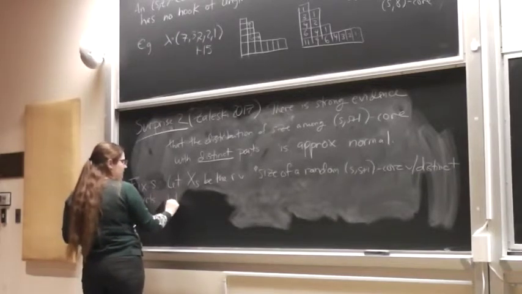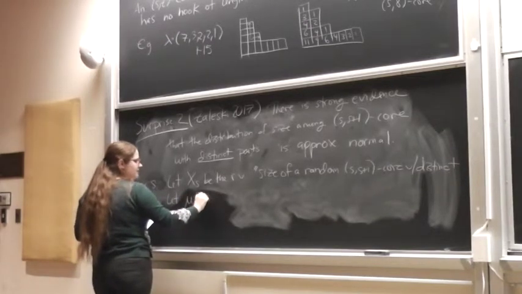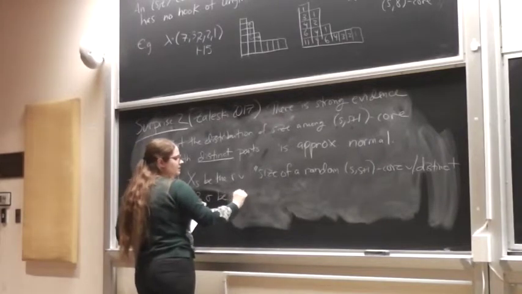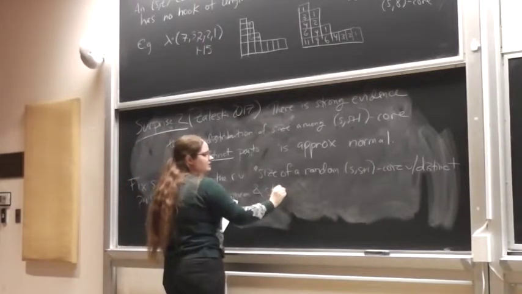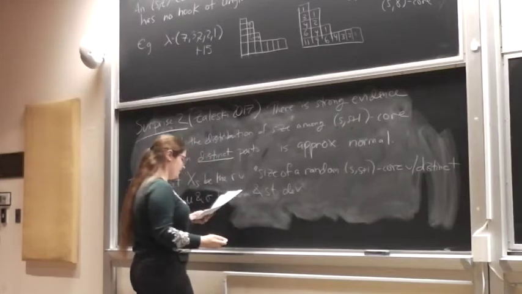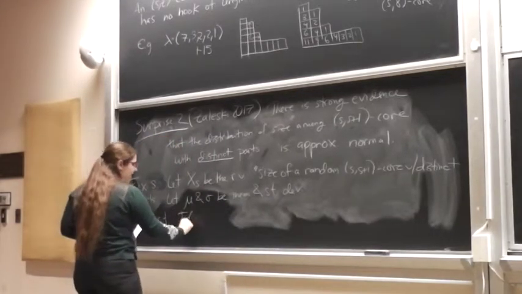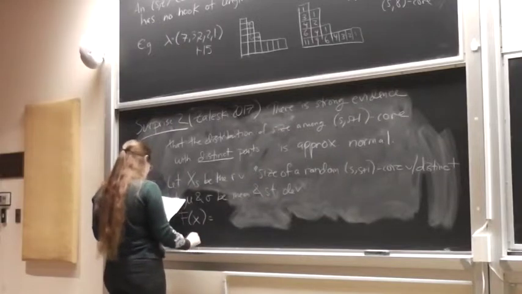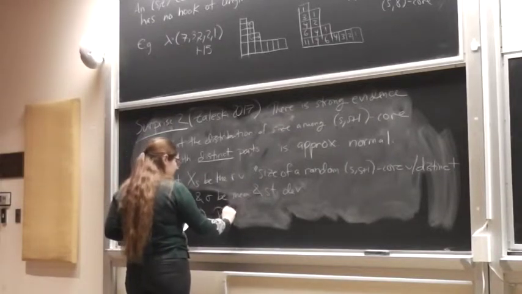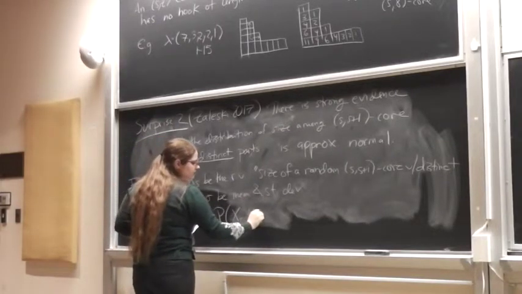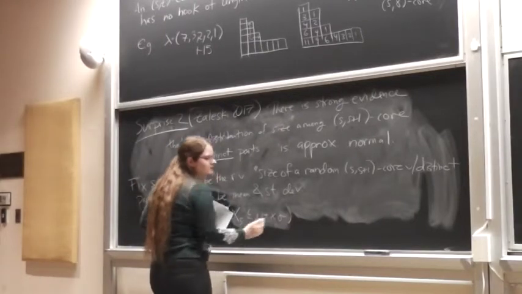And we'll let mu and sigma be the mean and standard deviation of this random variable. And we'll let f of x be this cumulative normalized thing. So that's all just notation.